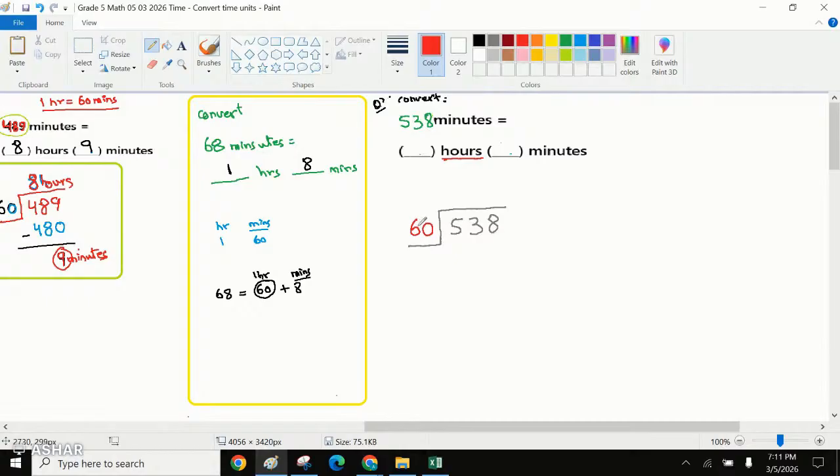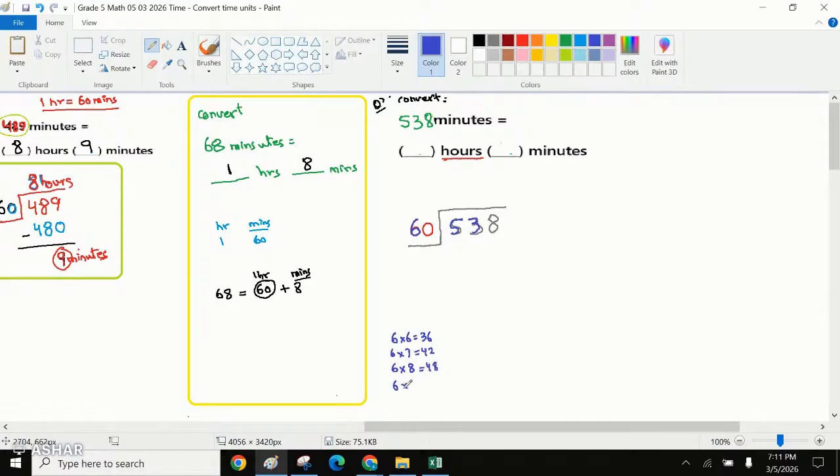Let's see, 53 is smaller than 60, right? So let's see. In the table of 6, where can we find 53? So can I say 6 times 6 is 36? 6 times 7 was 42. 6 times 8 was 48.